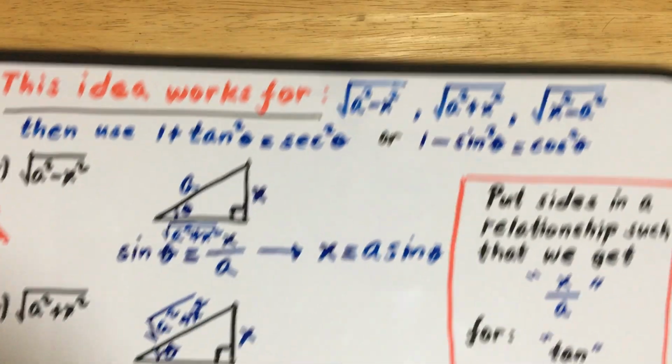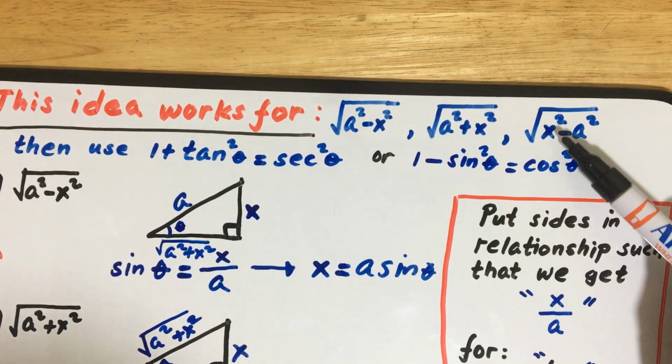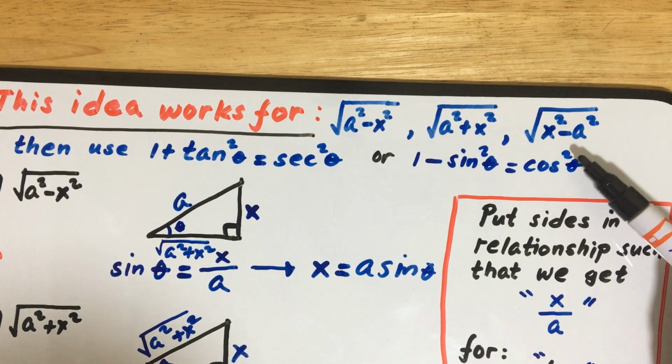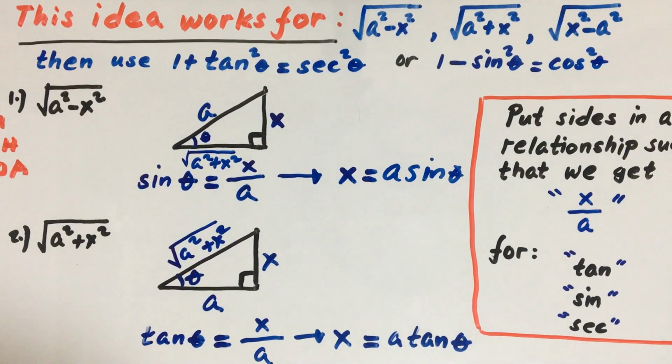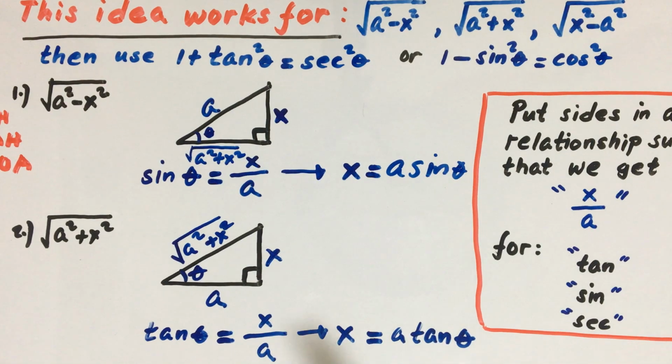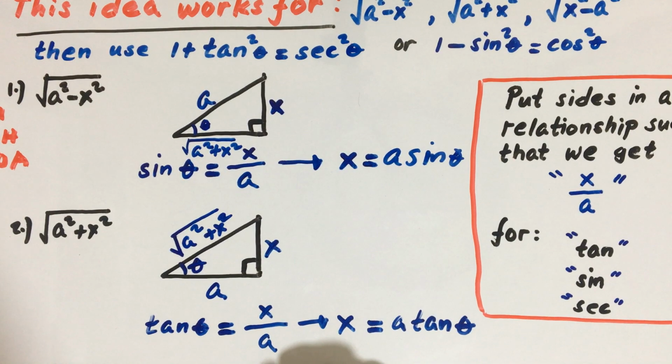So this is our third one: square root of x squared minus a squared. So again, let's draw our reference triangle.